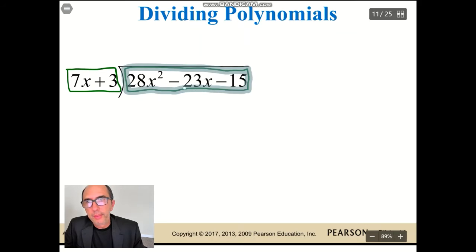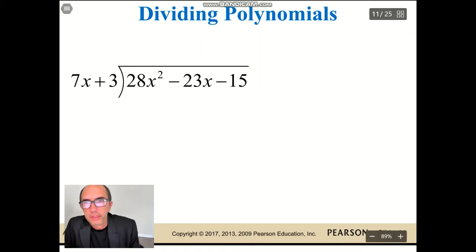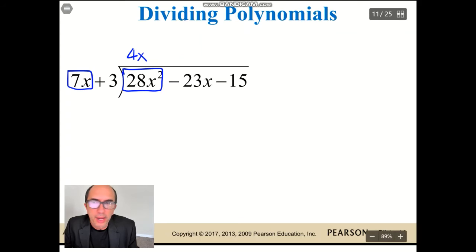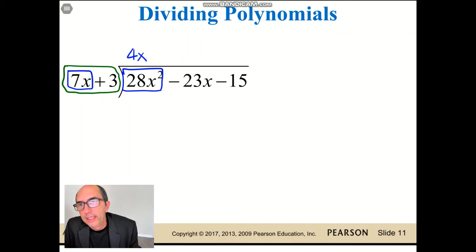The first thing we have to do is divide 28x squared by 7x. 28 divided by 7, 4. X squared divided by x, x. Right? Now I multiply 4x by the whole polynomial. So 4x times 7x is 28x squared.